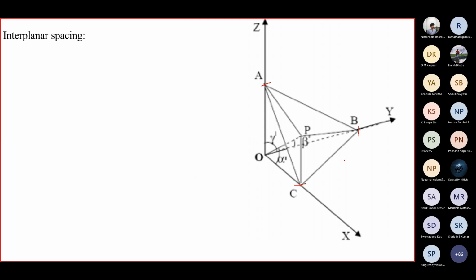Any doubts? Let this OP make an angle alpha with the x-axis, angle beta with the y-axis, and angle gamma with the z-axis. Clear? Any doubt?